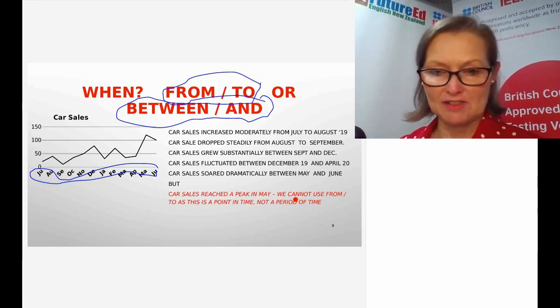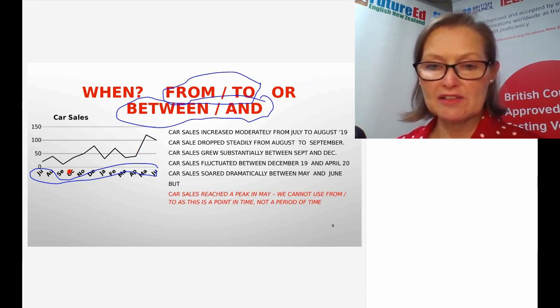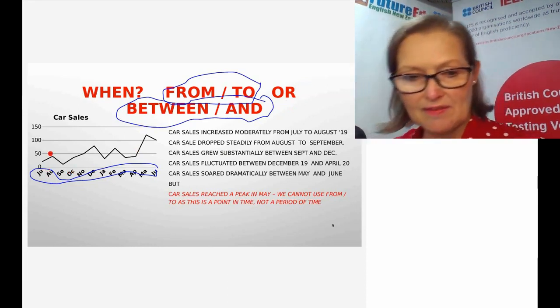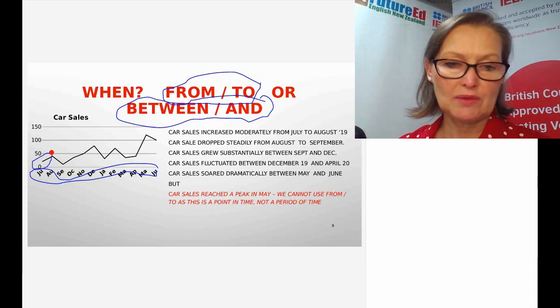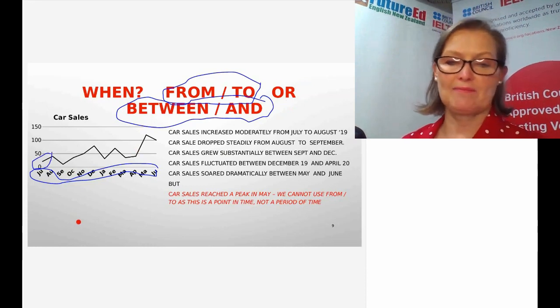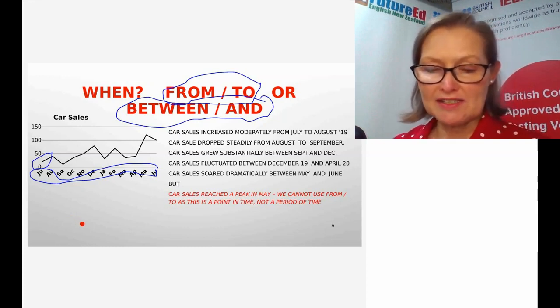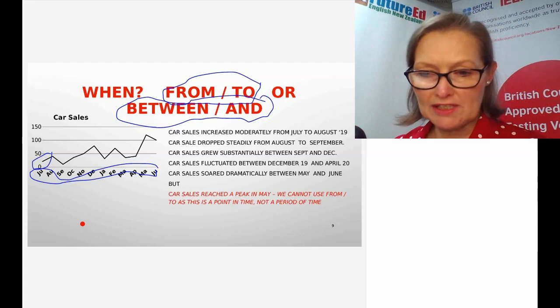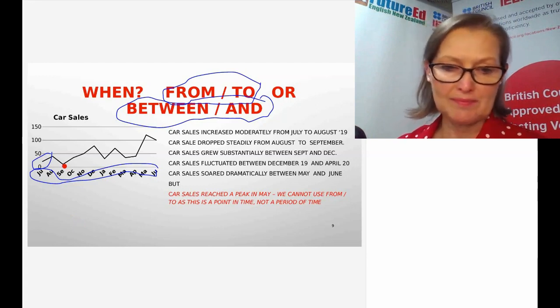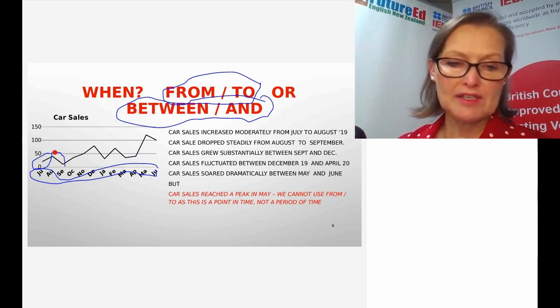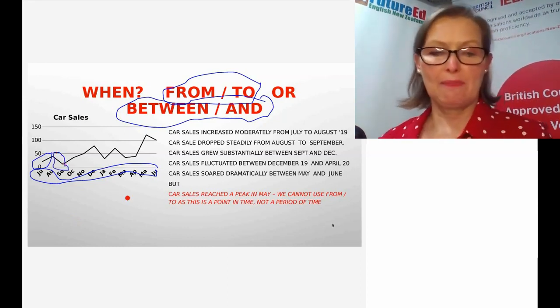And there are my sentences once again. If I have a look at my graph, my first sentence, car sales increased moderately from July to August. And there it is, a little moderate increase, increased moderately. My second sentence, car sales dropped steadily from August to September. And there it is, my car sales dropped during that little period in time.